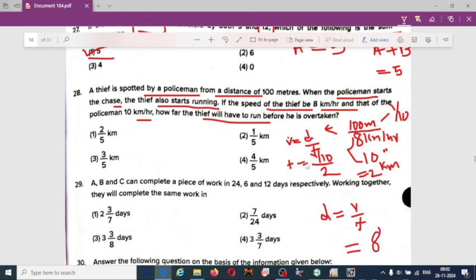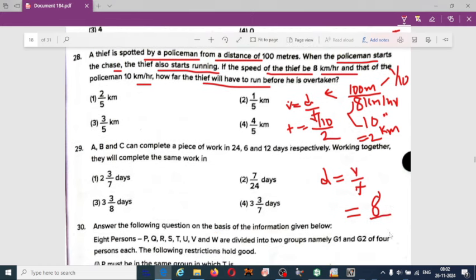And this time is how much? 1 by 20. If you do it, you will get the required answer, 4 by 5. Option 4 is correct. How far the thief will have to run before he is overtaken by the police is 4 by 5 kilometer, which is the correct answer.